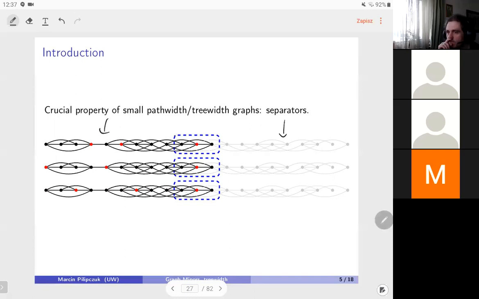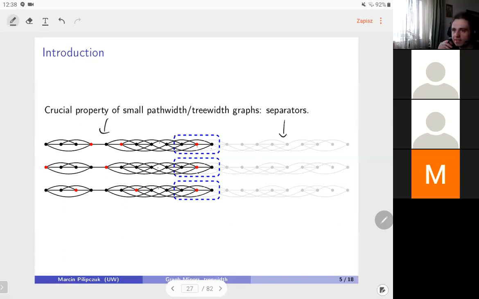The point is that we have highlighted three independent sets on the left side, and the three independent sets have the same intersection with the separator. They use the same vertex, the middle vertex from the separator.